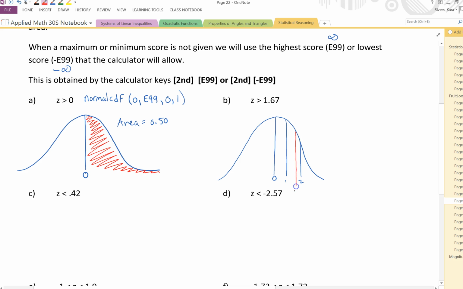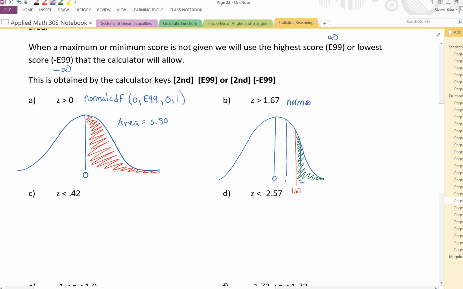So I use another color here, 1.67. So I'm going a z-score of greater than 1.67. If I were to shade that, that would be everywhere in here. Okay?